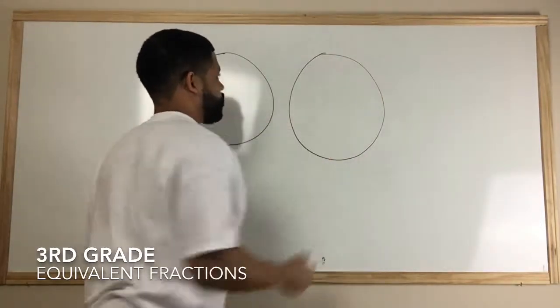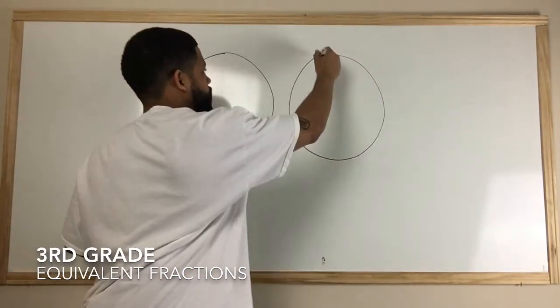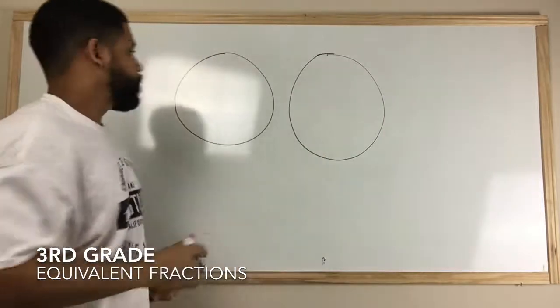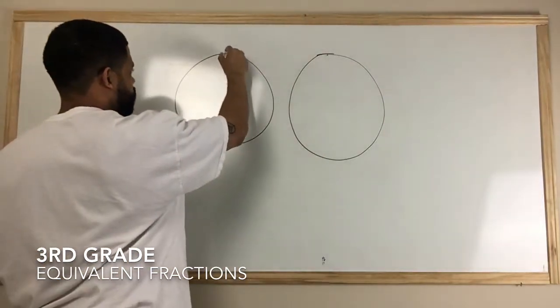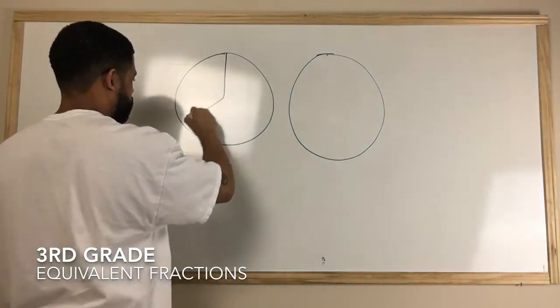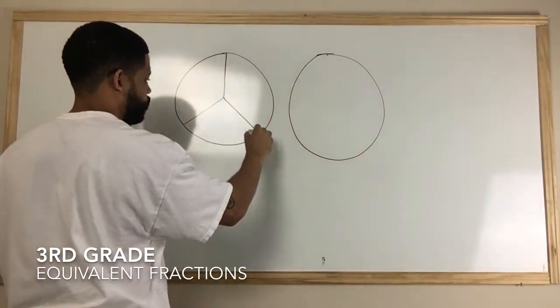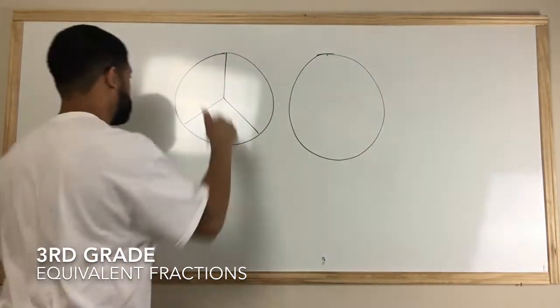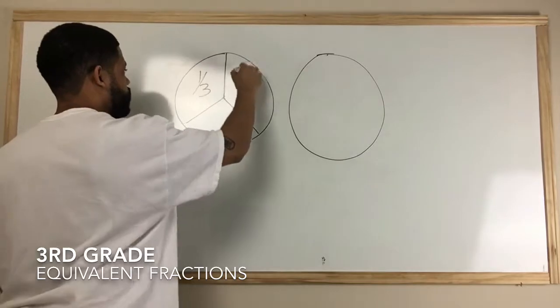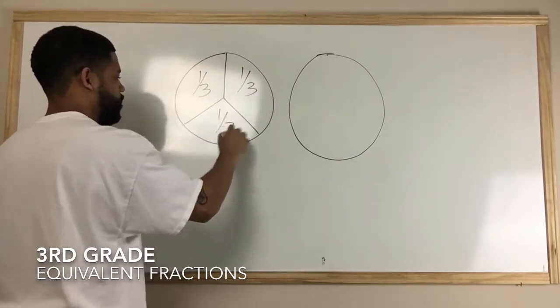You get the drift. All right, so if I take this one and break it into 3 pieces, I have 1/3, 1/3, and 1/3.